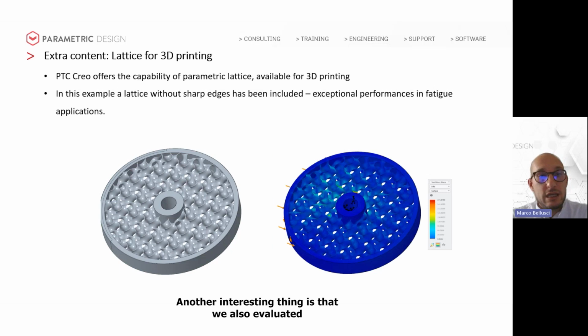Another interesting thing is that we also evaluated other possible innovation for this simple product, the pulley. We evaluated the possibility to introduce lattice structure. Lattice structures are structures designed for strength at a fraction of the mass.